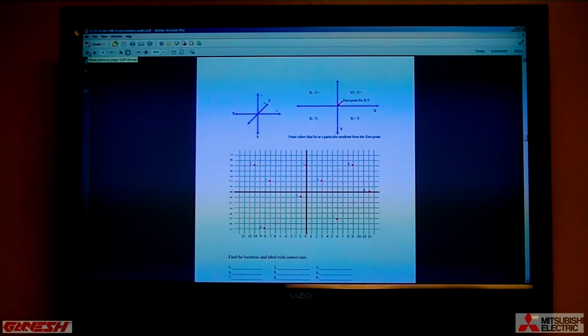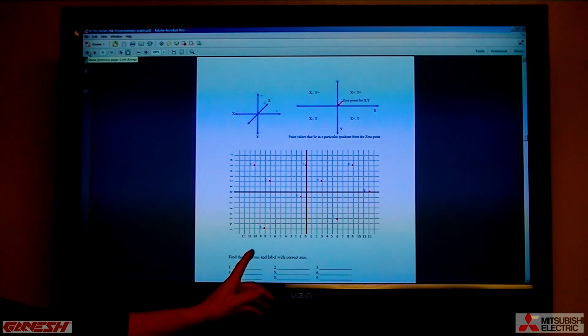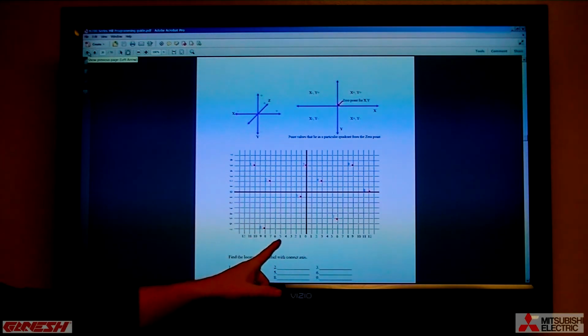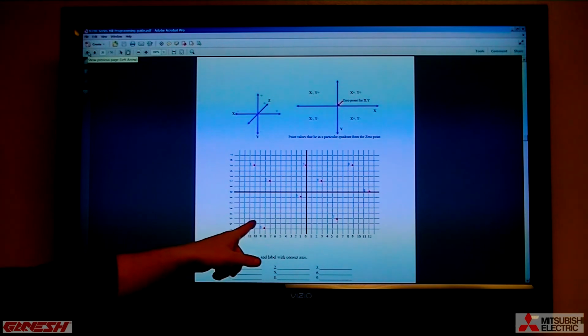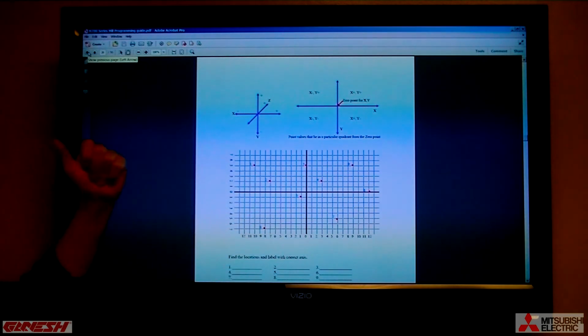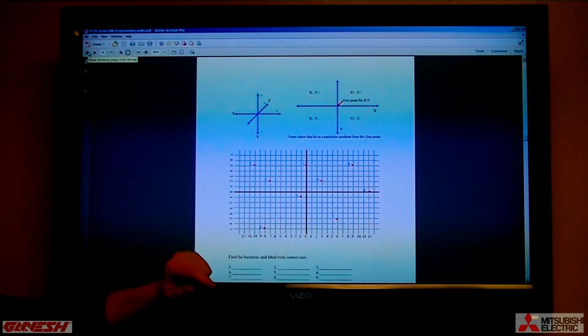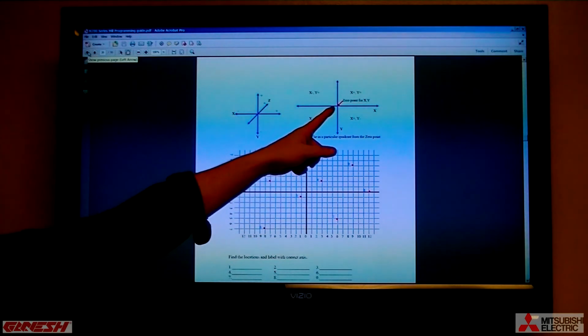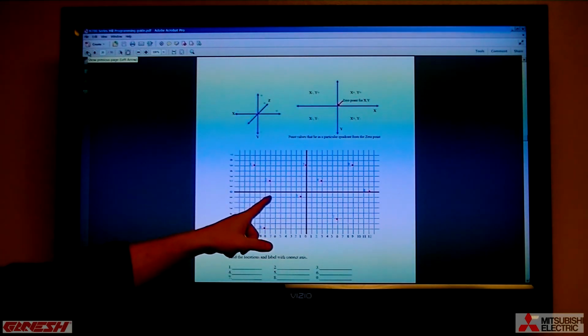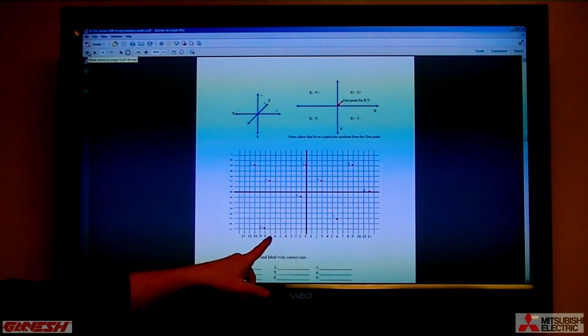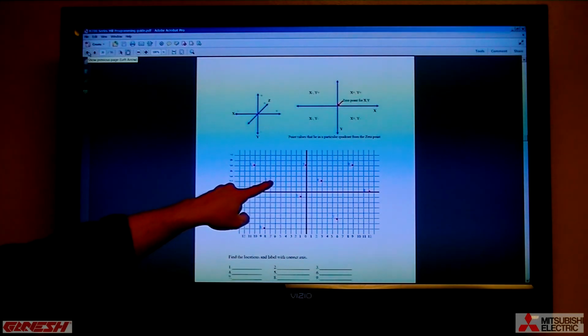Number 1 is said to exist at x minus 10. How do I know that? Because this point is 10 grid points to the left of the origin. Point number 2 exists in the x minus y plus quadrant, so it exists at x minus 7 and y plus 2.